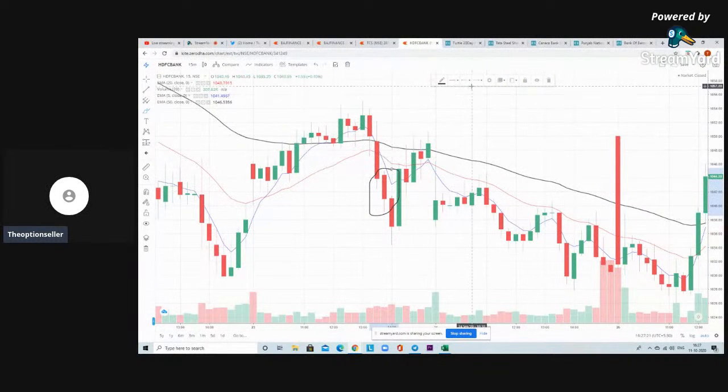Now the stop loss will be here. But if you feel that the stop loss is too big, you can simply use a 0.5% stop loss also. So if you have entered at 1040, then you can use a 0.5% or 1%, whatever stop loss.